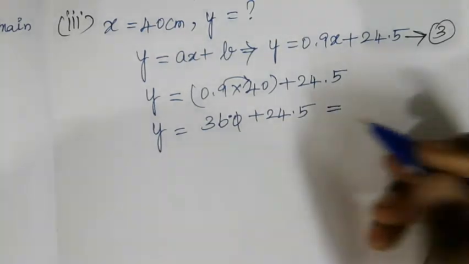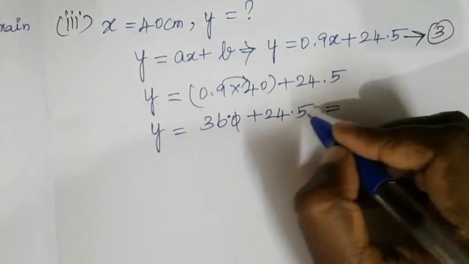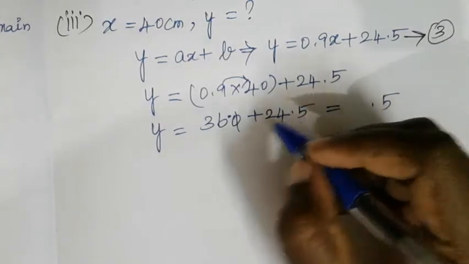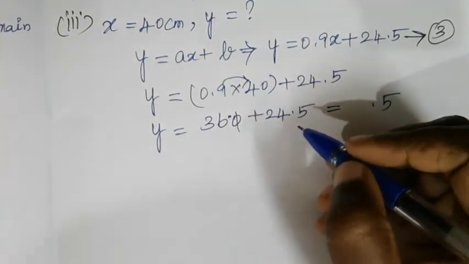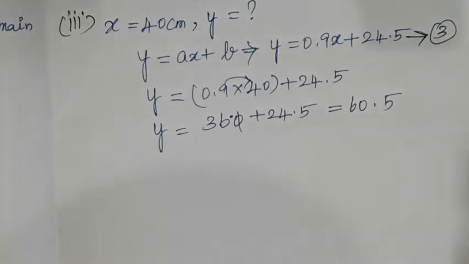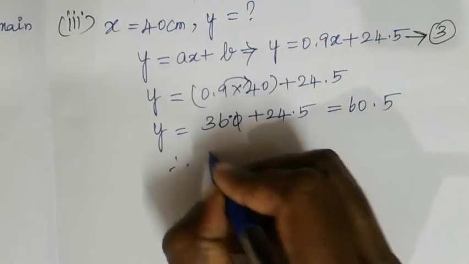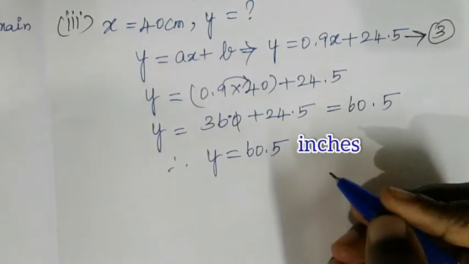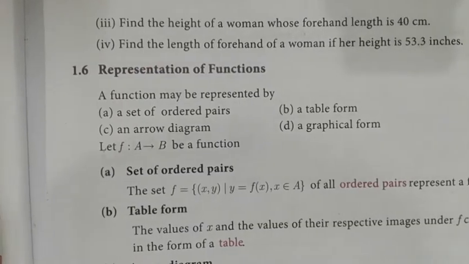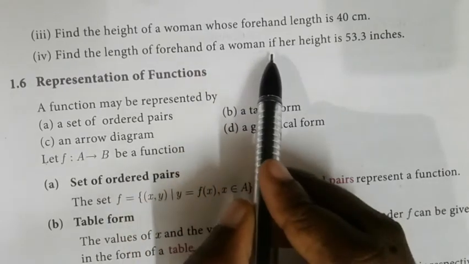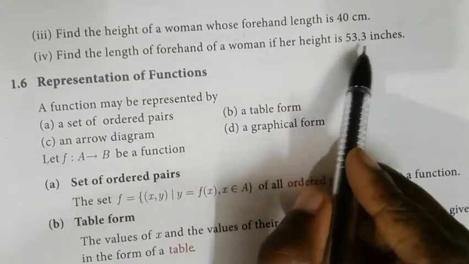Now this is equal to, here decimal part is 0.5, yes 0.5. Integral part here is 36, 24. 36 plus 24 which is equal to 60. Therefore 60.5. The required Y value now is 60.5. That is 60.5 inches.